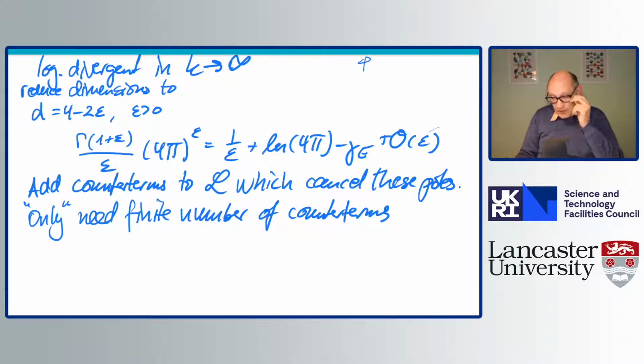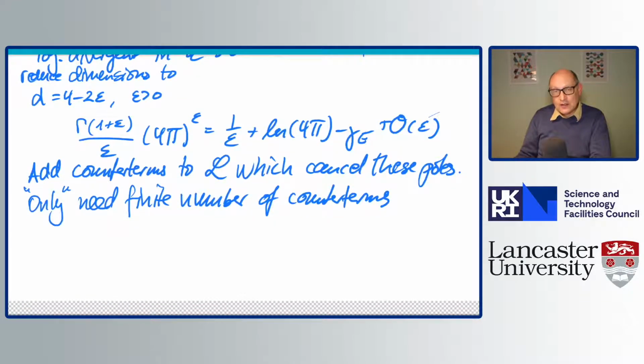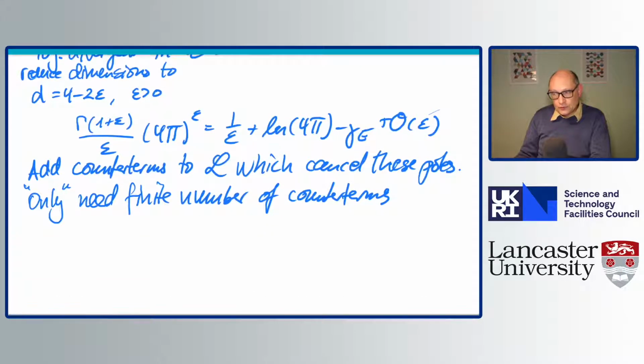So this problem here was one that we found at one loop. It turns out that if one adds the counter terms such that the one loop expression is finite, then also the 2, 3, 4, etc., the higher loops are finite. That's a good theory. That's a renormalizable theory, right? Non-renormalizable theories are those where at each order in the perturbative coupling, one would have to add new counter terms in order to get finite results.